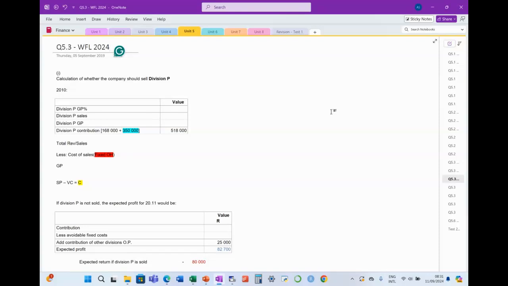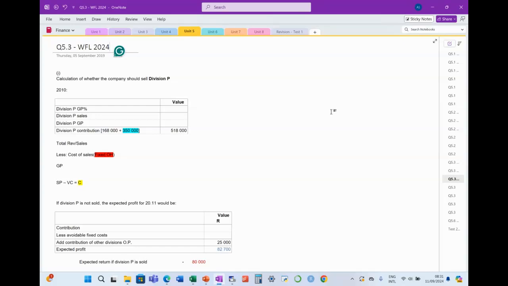With 5.3, under the required, they're saying calculate whether the company should sell division P. So now they've changed. Before, we looked at should we produce a product or not, and should we produce a component or not.